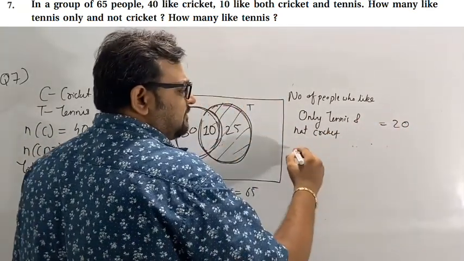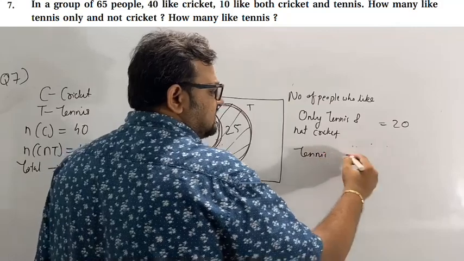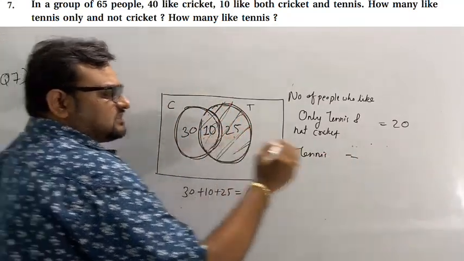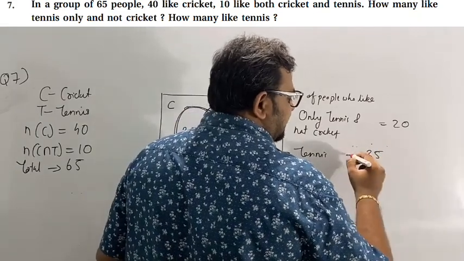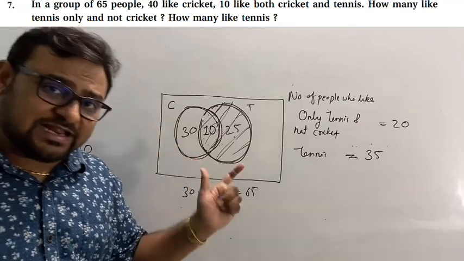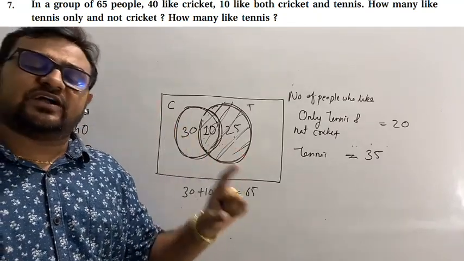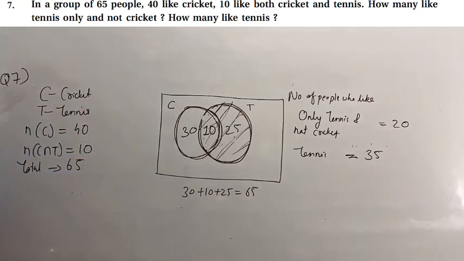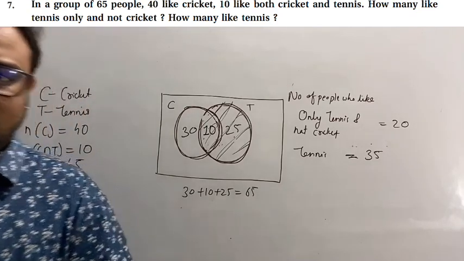And for tennis, we have to include the complete circle. So 25 plus 10, 35. Clear? So there are 20 people who like only tennis and not cricket, and there are 35 people who like tennis. Okay? So note down question number 7.